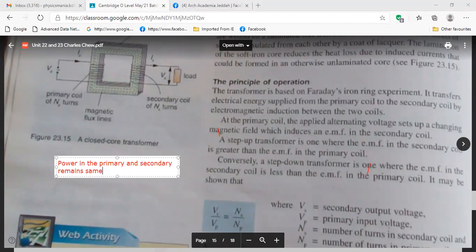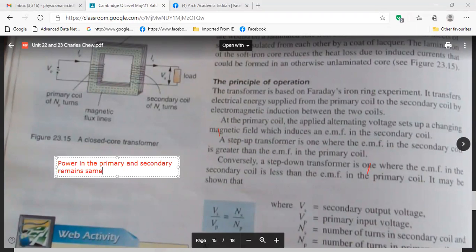So what is the effect that alternating current produces that a direct current cannot produce? Thank you for your question. If we have direct current, then we cannot have a changing magnetic field, which is mandatory to get induced EMF.